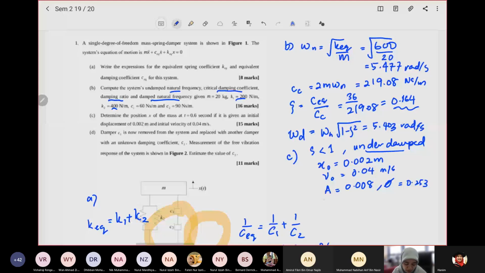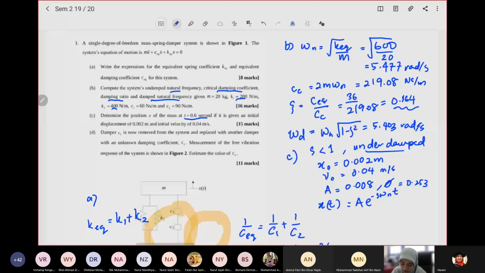Because they want you to substitute now t equals 0.6 seconds, you have to substitute into your x(t) equation, which you get from the list of equations, with your A, because you already calculated your A using the equation. You have your zeta, your omega n.